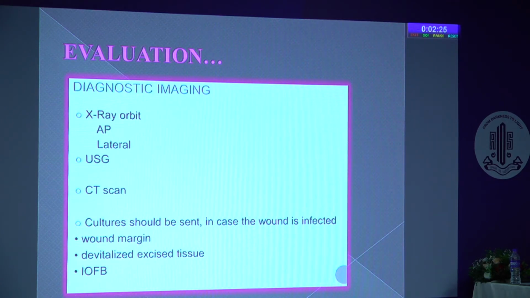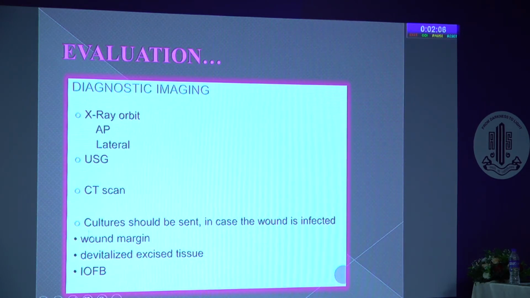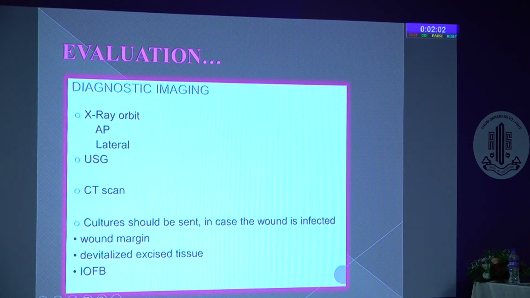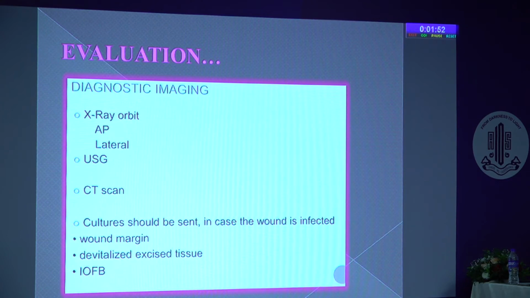Don't be afraid of doing any such investigation, these will guide us better and save us in the management too. If the injury is more than 24 hours or 72 hours old and you suspect some infection component, then also go for culture of whatever tissue you removed, either incarcerated iris or the cornea or the tear film. Go for culture and sensitivity, so that after proper repair you go for good antibiotic coverage.